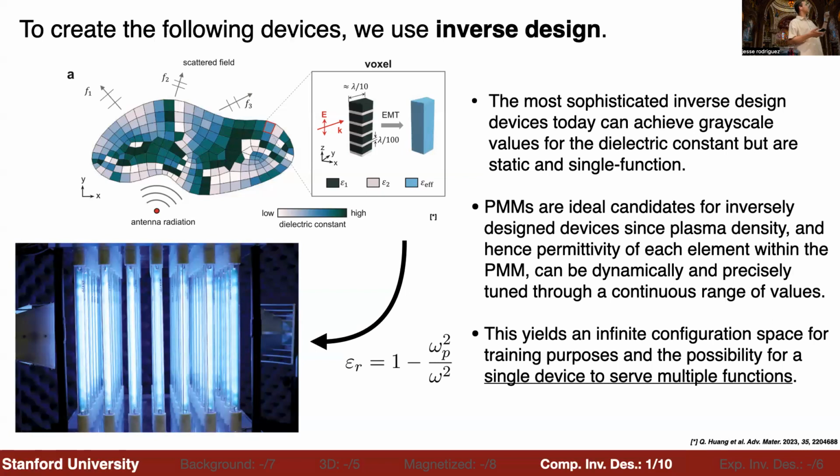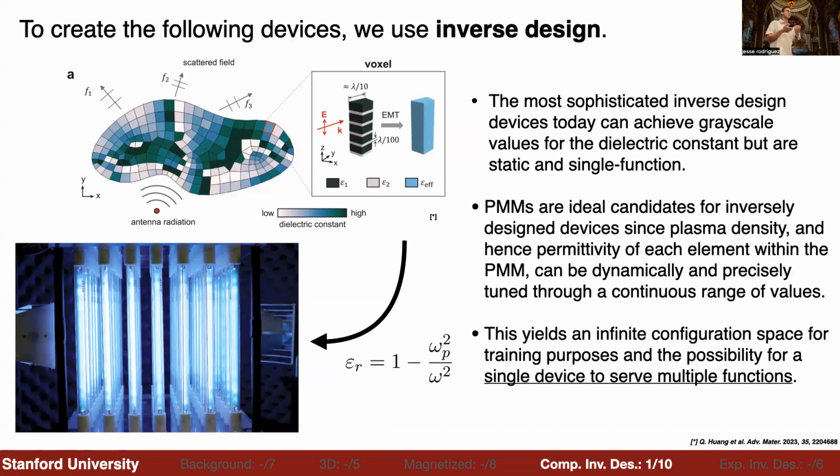So the most sophisticated inverse design devices today can achieve grayscale values for the dielectric constant. What I mean by that is you have these two extremes, epsilon1 and epsilon2, and by layering in your manufacturing process, you can get values in between. But again, they're still static and single function. By static I mean you can't turn them on and off.